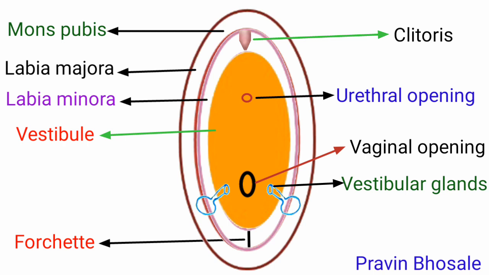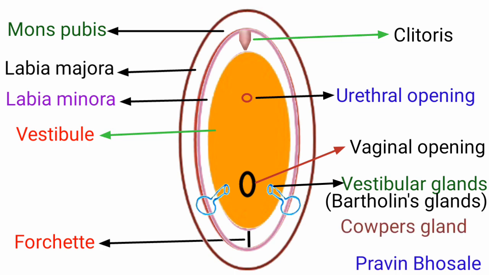Vestibular glands: these are a pair of vestibular glands or Bartholin glands which occur on each side of the vaginal opening. These glands are homologous to the Cowper's gland of the male. They secrete a lubricating fluid.